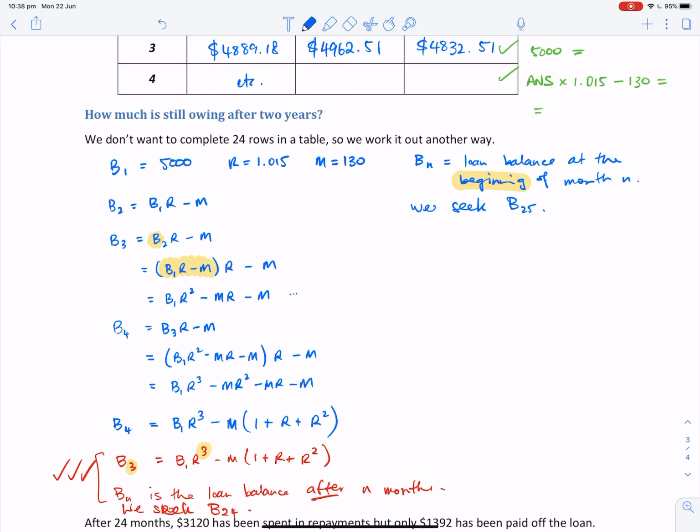Okay, so B4 is this, so continuing or extrapolating, B25 equals B1 R to the 24 minus M times 1 plus R plus R squared plus dot dot dot plus R to the 23.